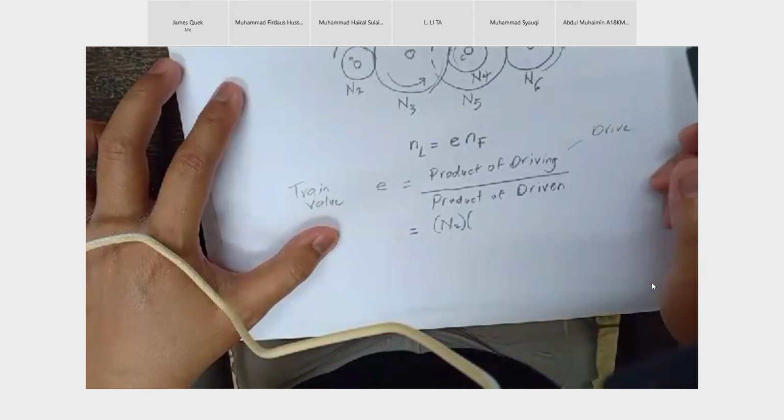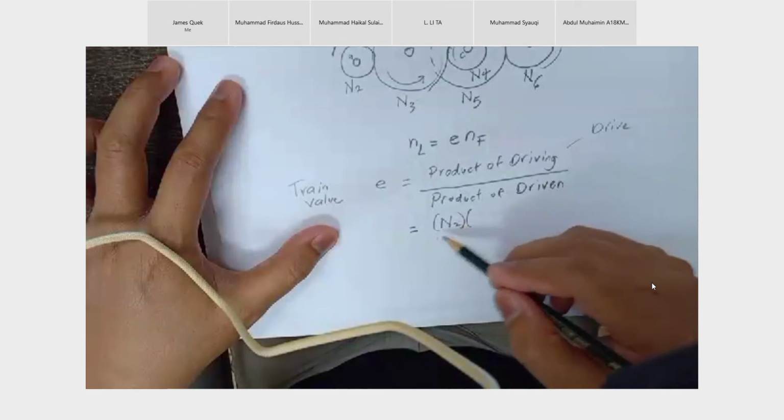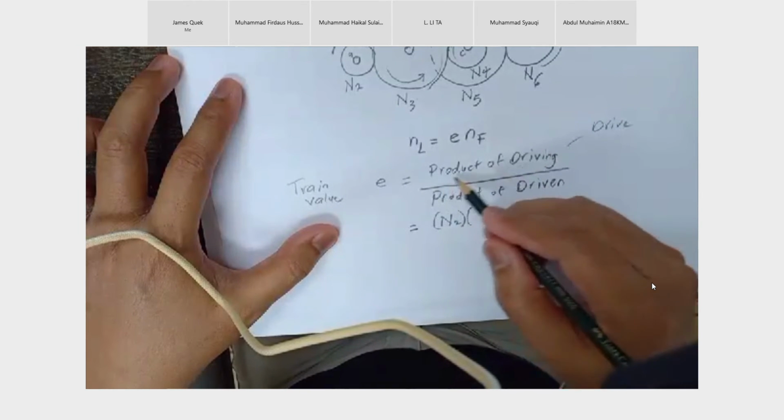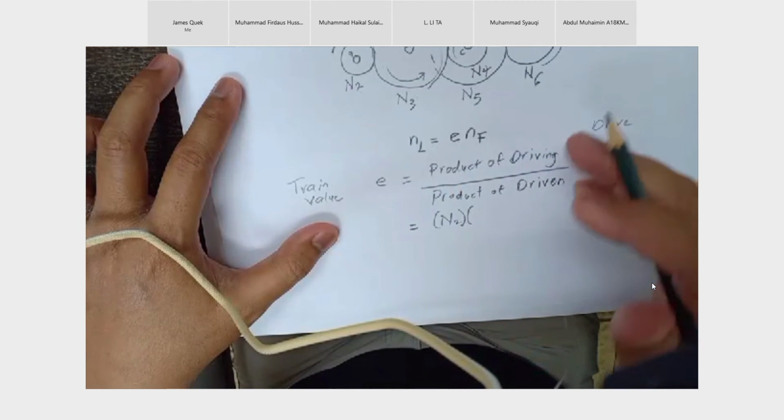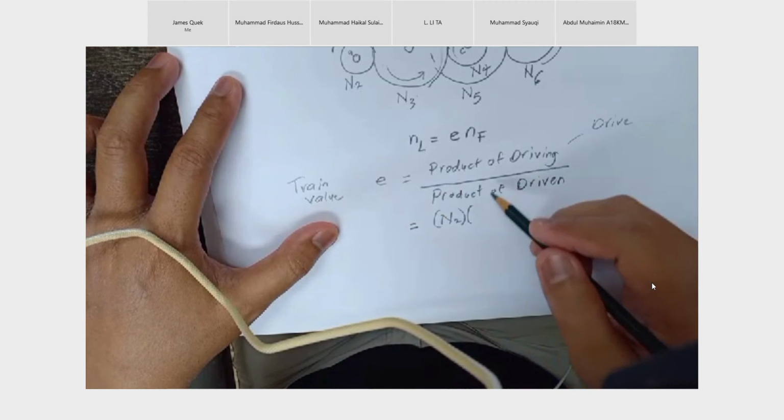Gear 2 drives. Kita based on dia punya product of number of T's of the gear that drives, over the product of number of T's of the gear that has been driven.